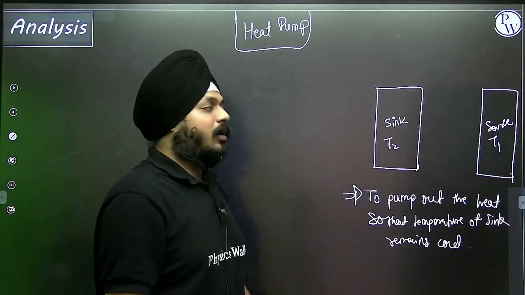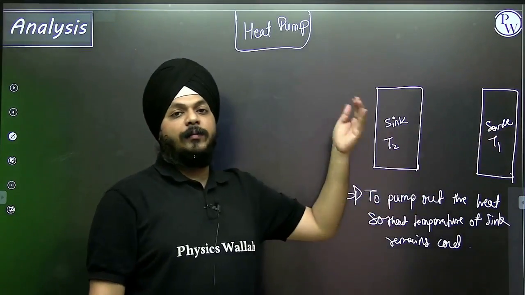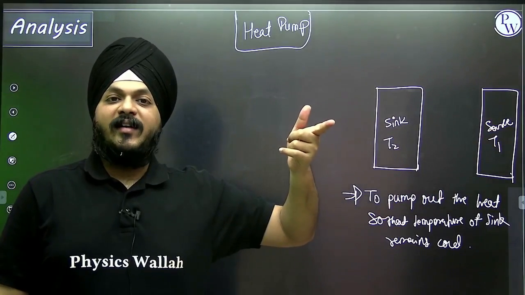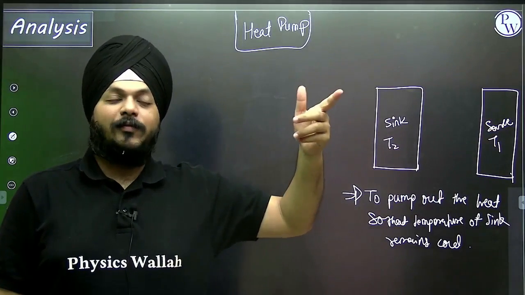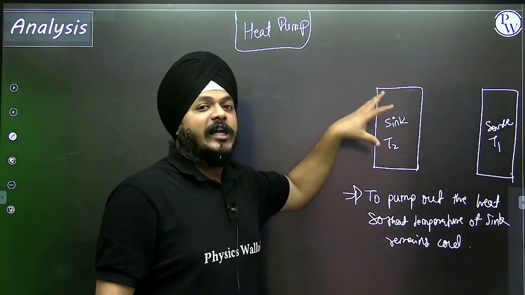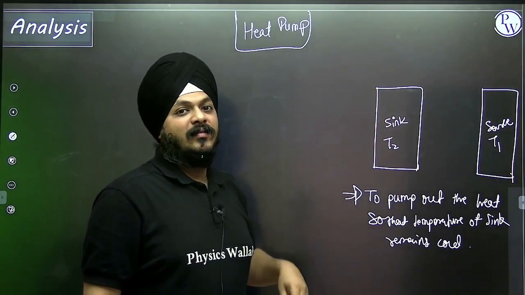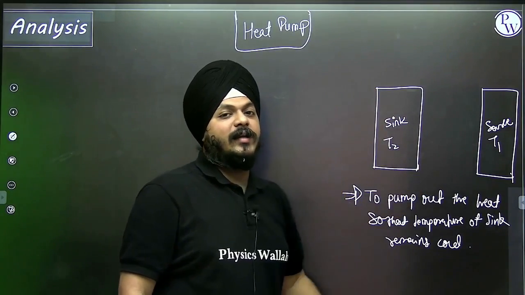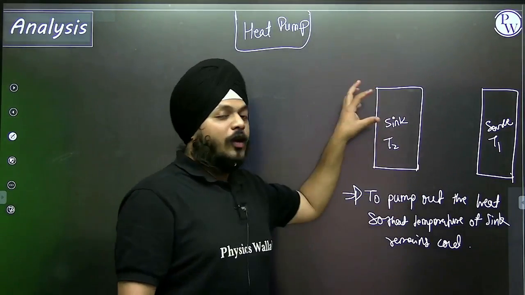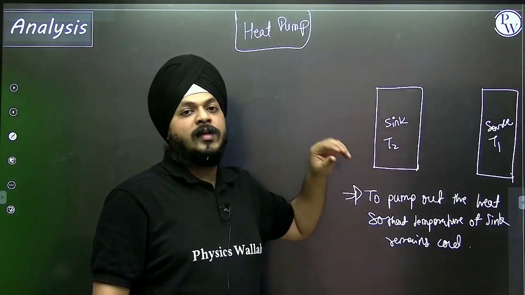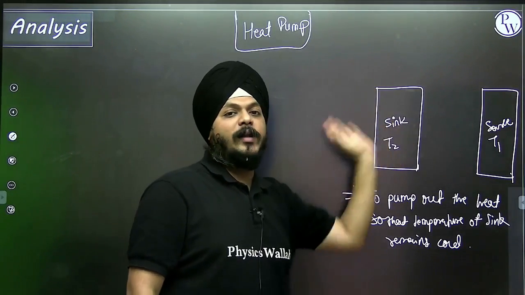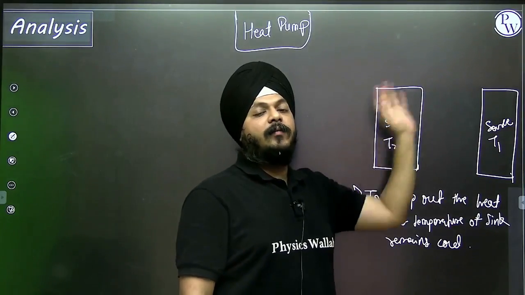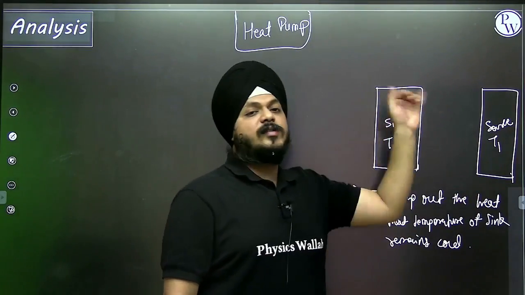What is the natural thing? From higher temperature to lower temperature, heat flows. But this is the reverse phenomenon. We need to maintain the temperature of this sink. But as the source is at the higher temperature, continuously we are getting some input. If we want to maintain the temperature of the sink, then we will continuously pump out that receiving heat, and the temperature of the sink will get maintained.